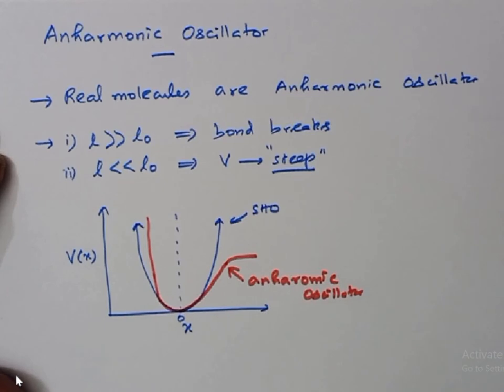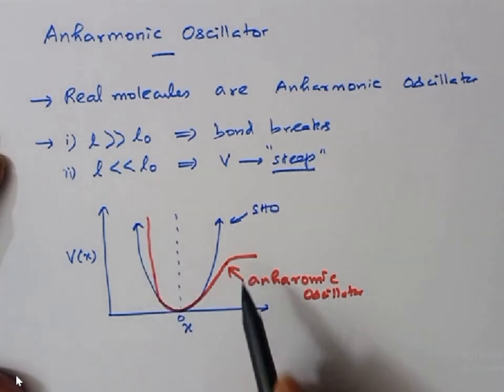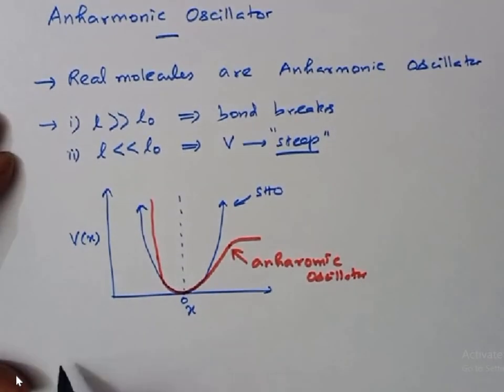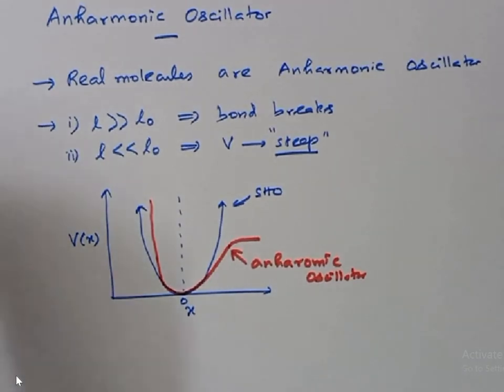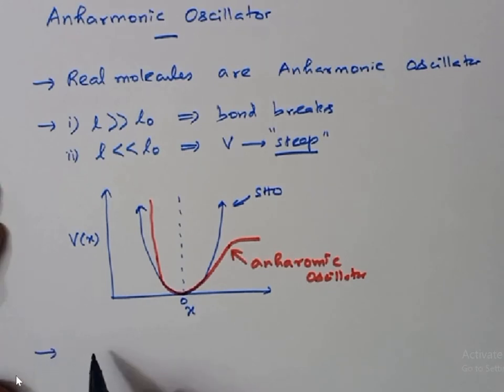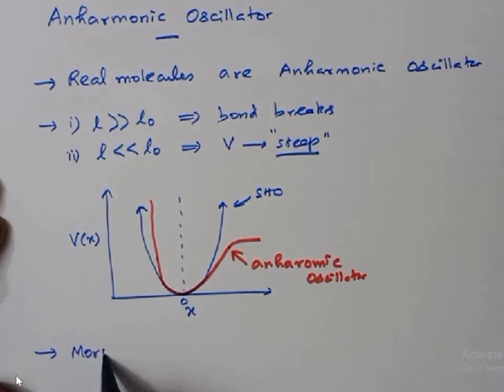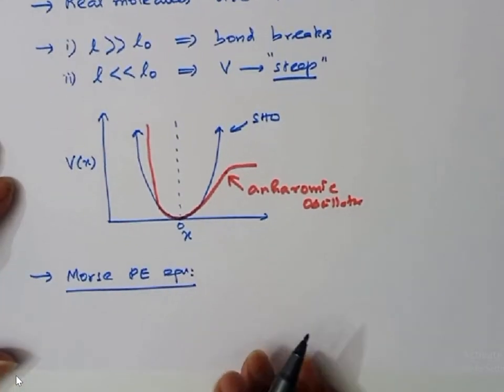Now listen. To fit with this curve, Morse gave an empirical formula for potential energy. The empirical formula is this. Last class I gave the potential energy formula, the Morse potential energy equation or function. What's the Morse potential energy equation?